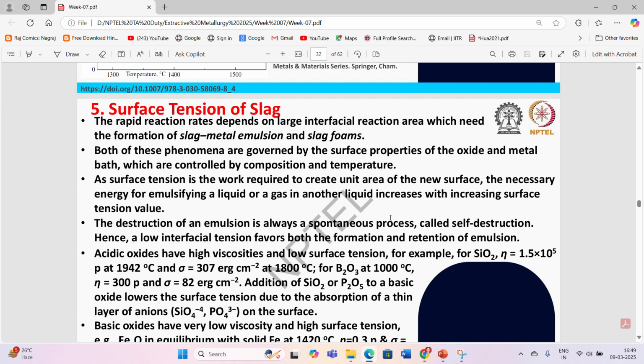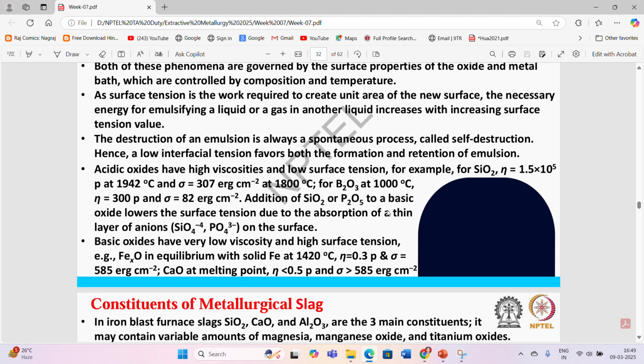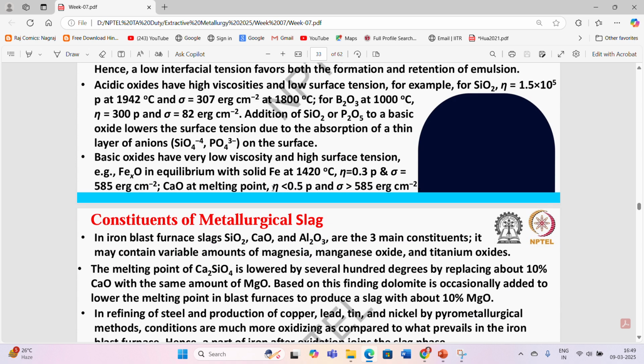As surface tension is the work required to create unit area of the new surface, the necessary energy for emulsifying a liquid or a gas in another liquid increases with increasing surface tension value. So the destruction of an emulsion is always a spontaneous process called self-destruction. Hence, a low interfacial tension favors both the formation and retention of emulsion.